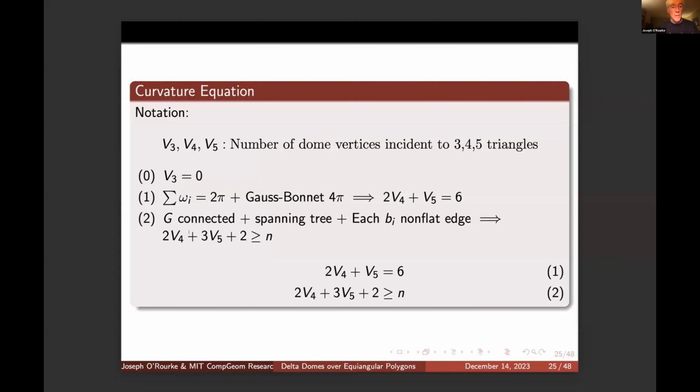This is not completely obvious, but let me just say that you put these conditions from step 1, 2, and 3 together, and they imply this equation. So now we have two equations in these numbers, V4 and V5, and we're going to solve them simultaneously.